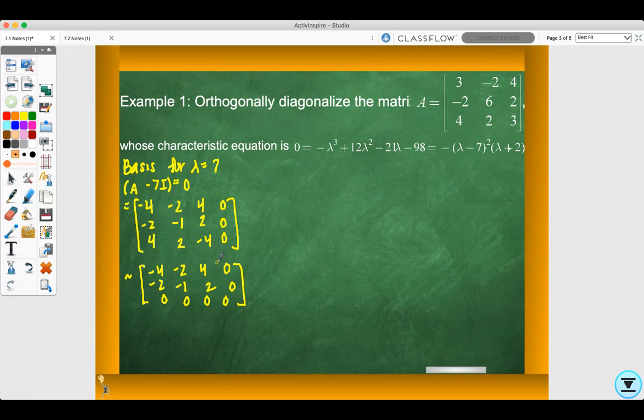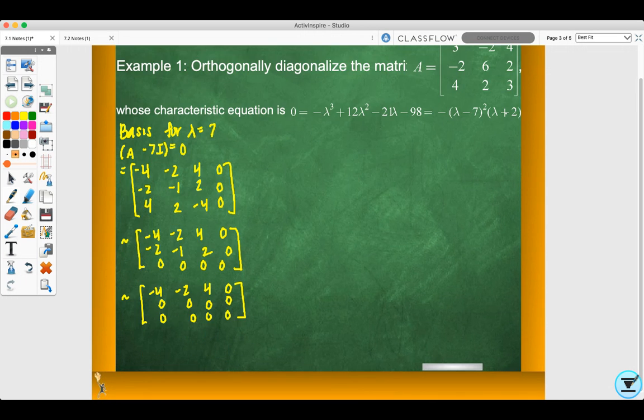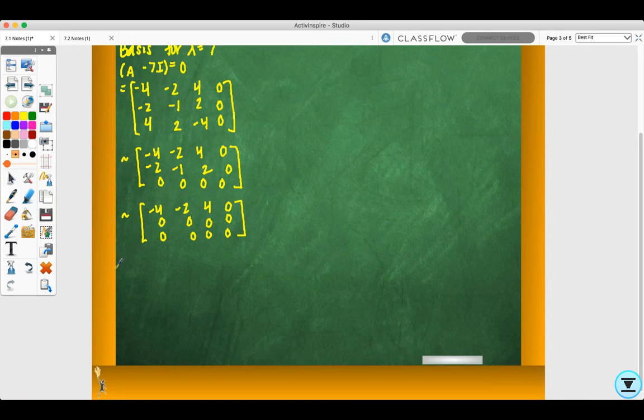Then I can take half of row 1 and subtract it from row 2, and that row will also become all zeros. And then I just need to divide row 1 by -4.